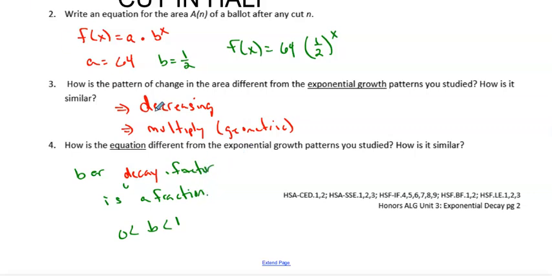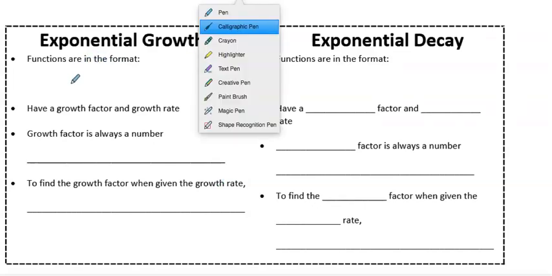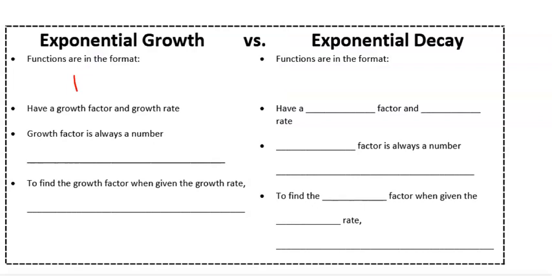I'm going to toggle to this next page here. Alright, exponential growth versus exponential decay functions. Y equals a times b to the x. Cool. What changes in exponential decay?